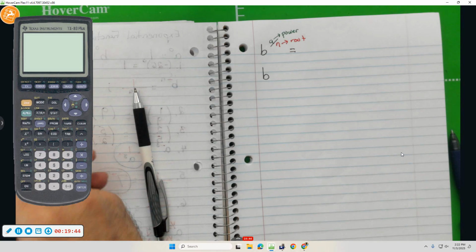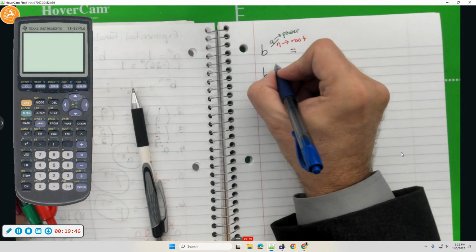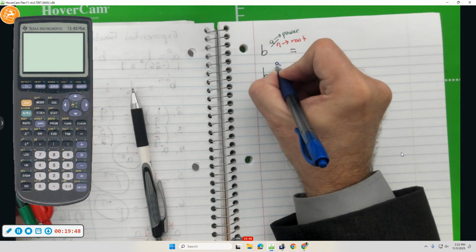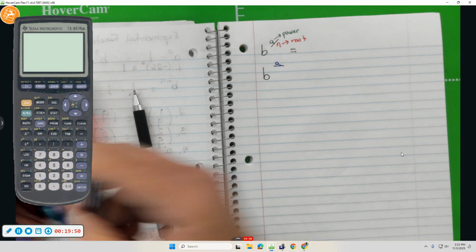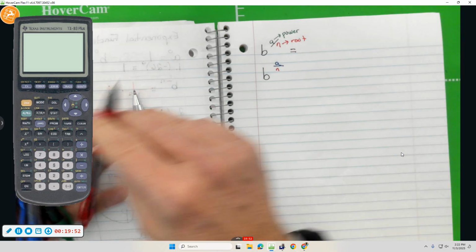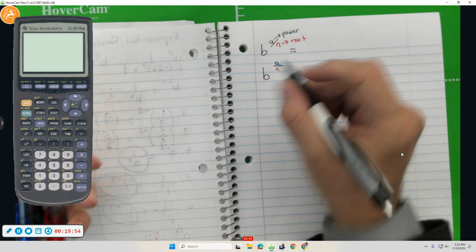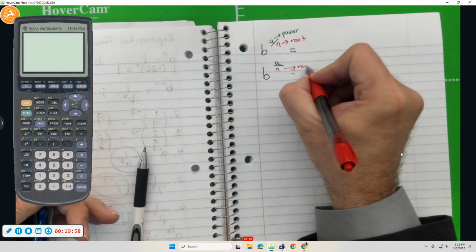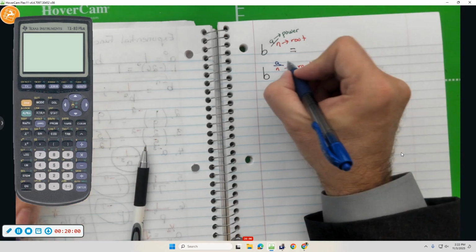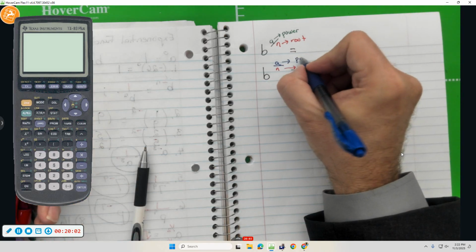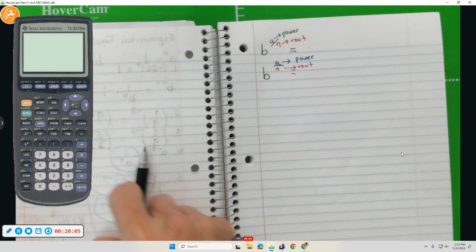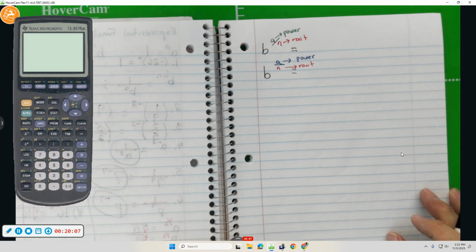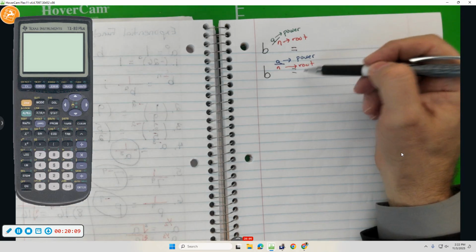B to the A over N power. The bottom number is the root. The top number is the power. So there's two ways to write this symbolically rather than in words like I did here.